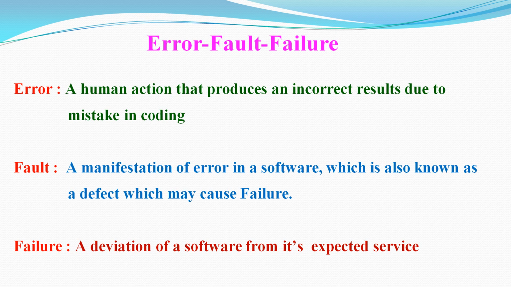Whereas the fault or the defect or issue or bug or anomaly, these words will be used by the software testing team. The software test engineers only will use these words: defect, bug, issue, anomaly.